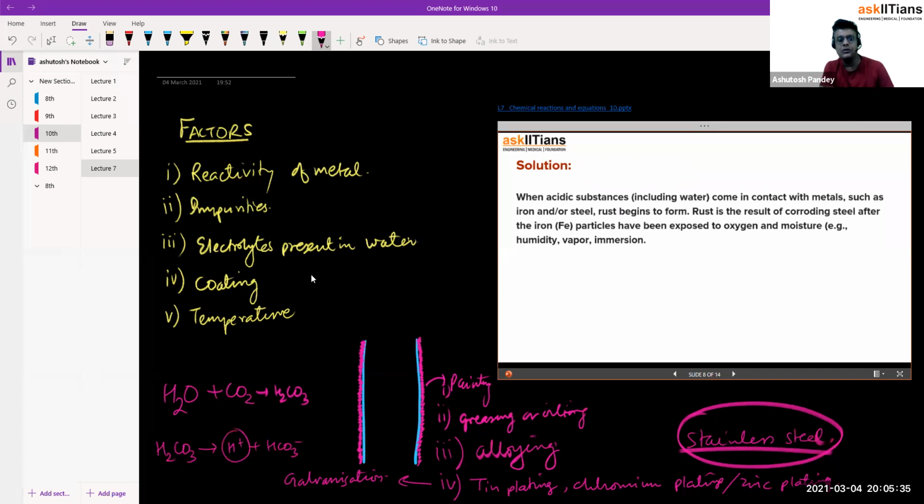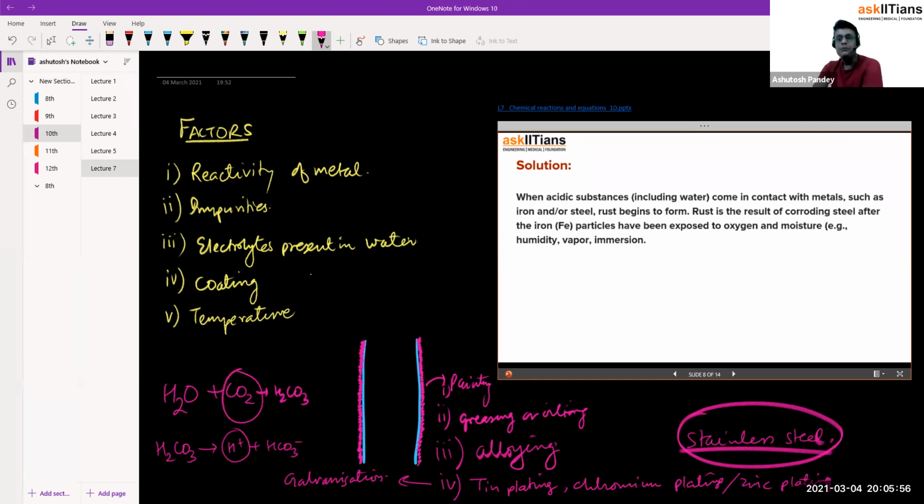Due to this H+, the water present as moisture, or even in some other form, will behave like an acid, because of the CO2 present in the lower part of the atmosphere.